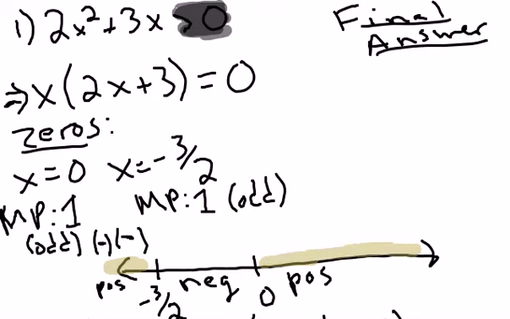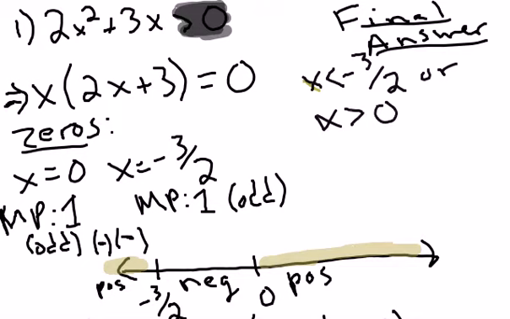So what I'm going to say is, for x, let me change back to the pen, for x less than negative 3 halves, or for x greater than 0, the whole polynomial here is greater than 0 for either of those intervals.